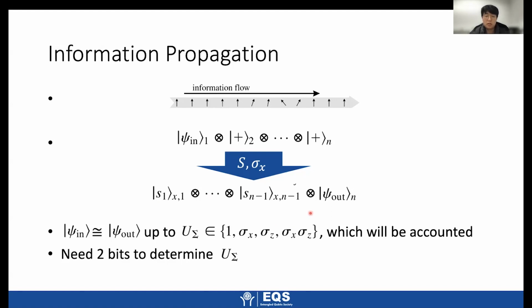It is interesting that the initial state and output state are equivalent up to a local unitary, which is this. We can calculate the sigma, which is either identity or a Pauli X, Y, Z operator, with only two bits, which are the output of our measurement result.